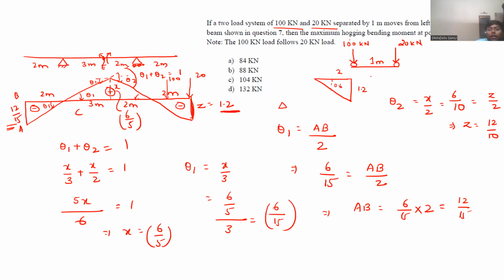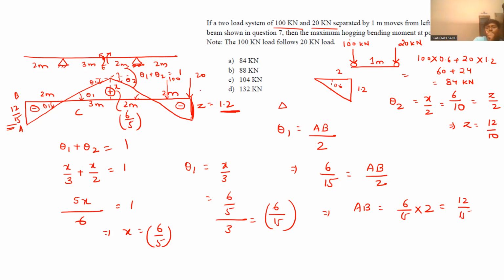Now, when we place it like this, we get 100 with its corresponding ordinate 0.6 and 20 with its corresponding ordinate 1.2. So it is 60 plus 24, 84 kilonewton.